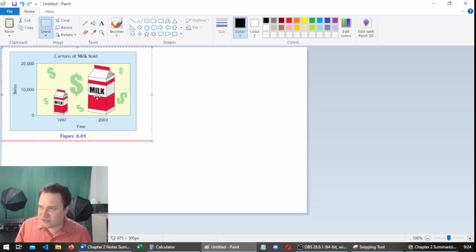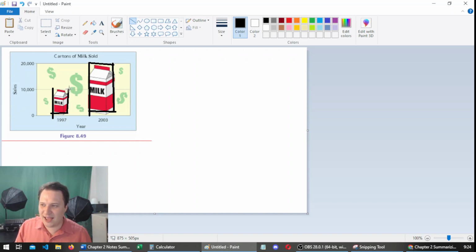And so the way they justify this is if you look at the height of this, it is 10,000 tall, and the second one is 20,000 tall. So that shows you it doubled. But the problem is you're also blowing up this dimension and doubling that one as well. And so the total effect of doing that is visually, it looks like you have 4 times as much, not twice as much.